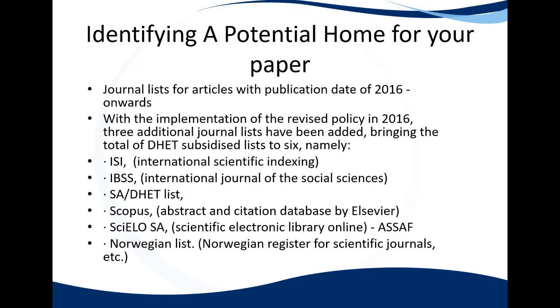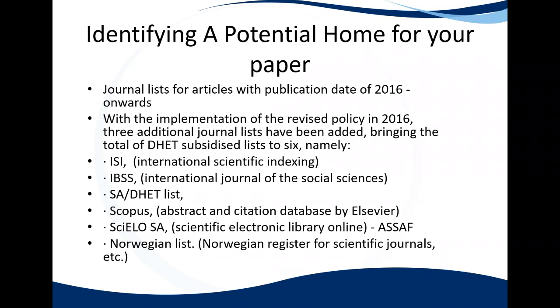Okay, so at the moment, the accredited list that we have that is part of the DHET list has got 6, right? So there's 6 lists that your work would be considering in terms of the journals that you would want to choose. And there's the ISI, which is the International Scientific Indexing.